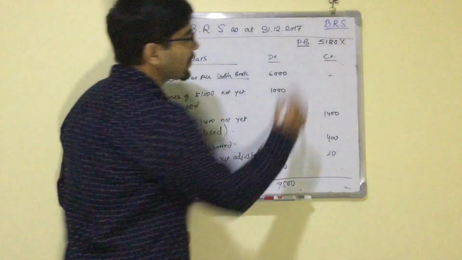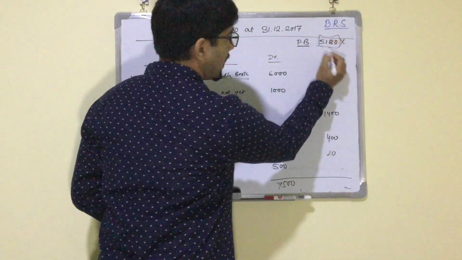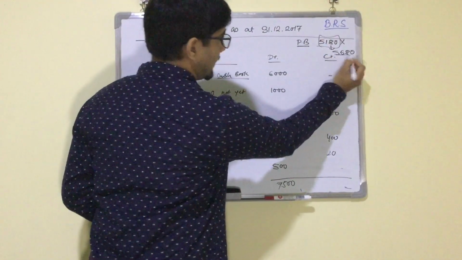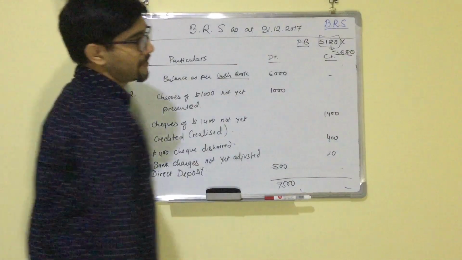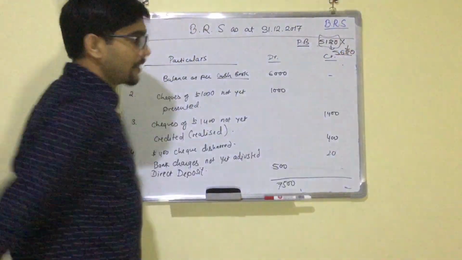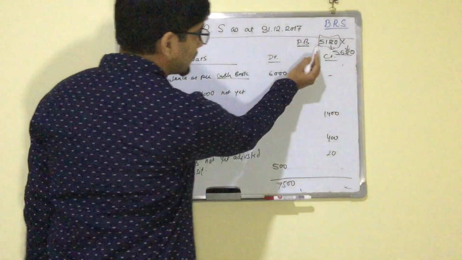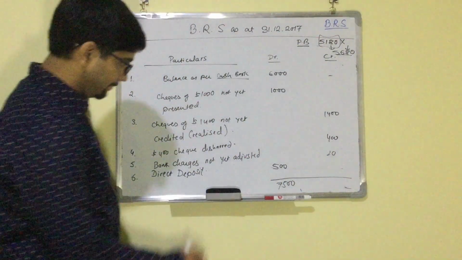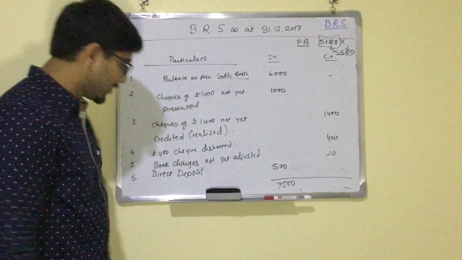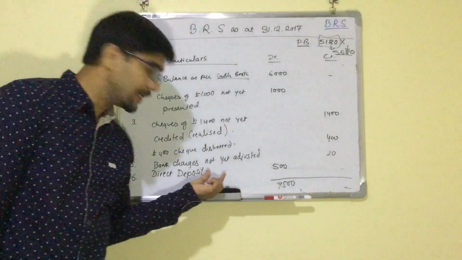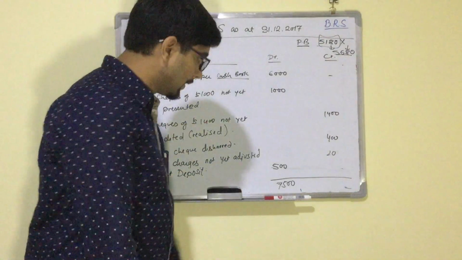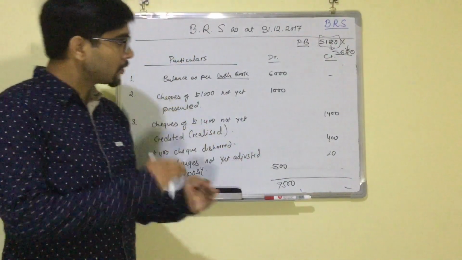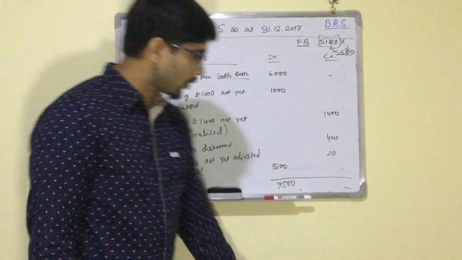Let me correct you. Change the question. Actually, it is 5,680. If you change this, it will be the correct one. Because the balance has left this adjustment. If we add this figure as well, which is a direct deposit made by the customer in the bank, we need to add $500 in our cash book in order to reach the passbook.